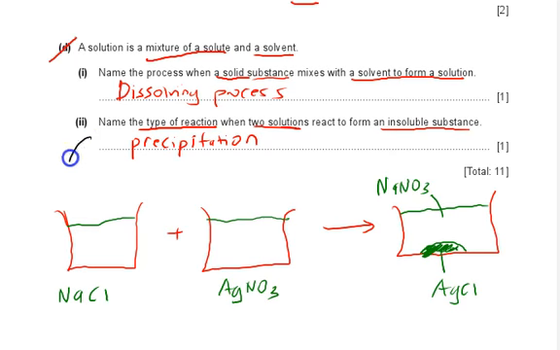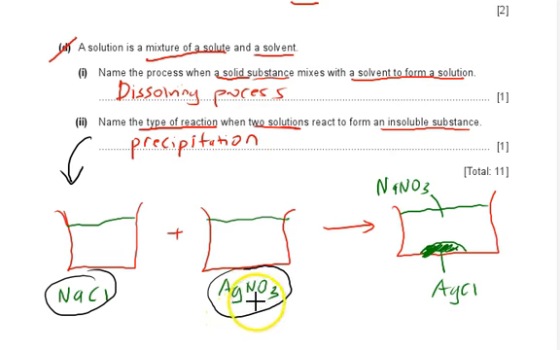This is an example of the process for number 2. We have a solution of one type of salt, sodium chloride, and another type of soluble salt, which is argentum nitrate or silver nitrate. All nitrate salts are soluble.